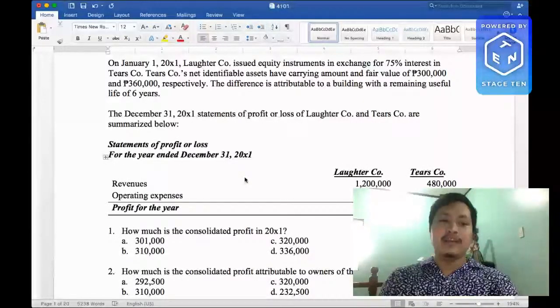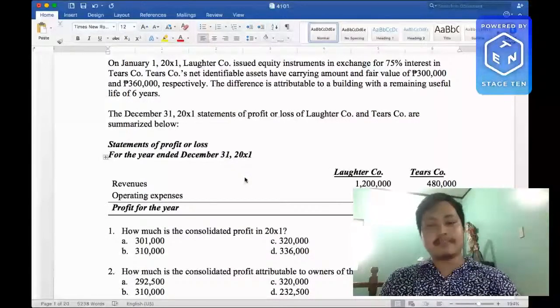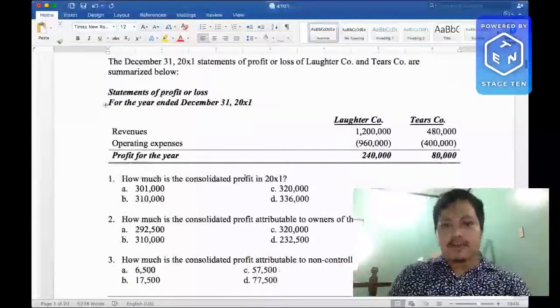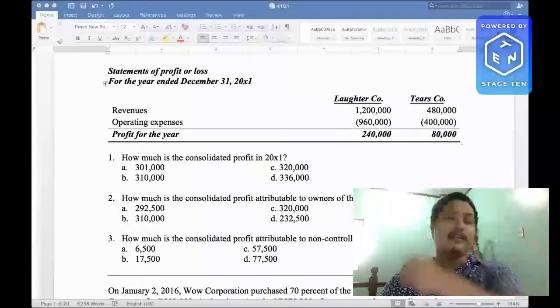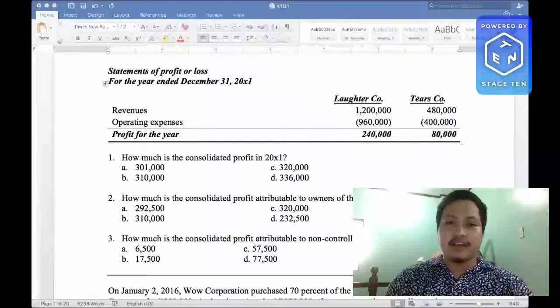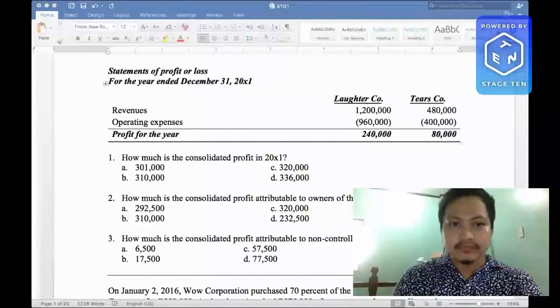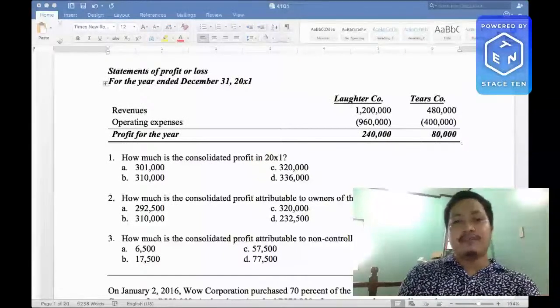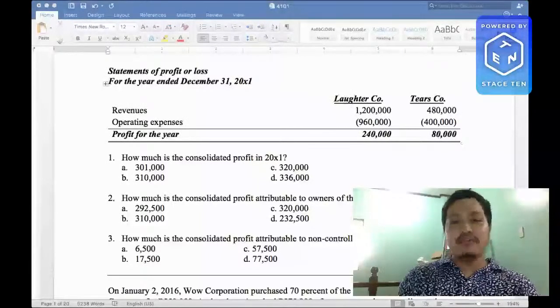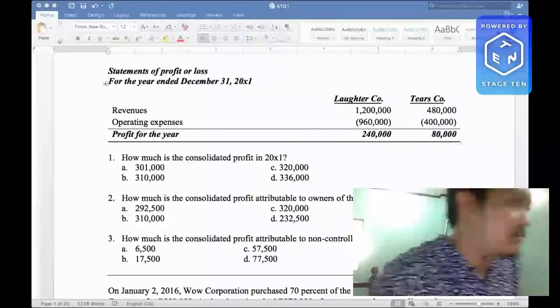Now, if we look deeper into the 400,000 operating expense of the subsidiary, Tears Company, the 400,000 there includes already the depreciation of the building in the amount of 50,000.